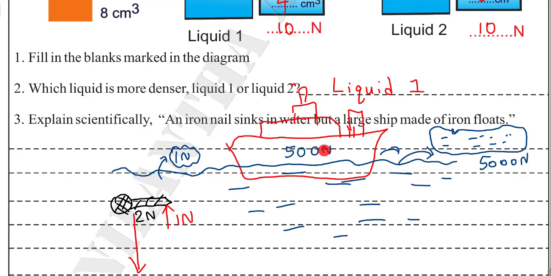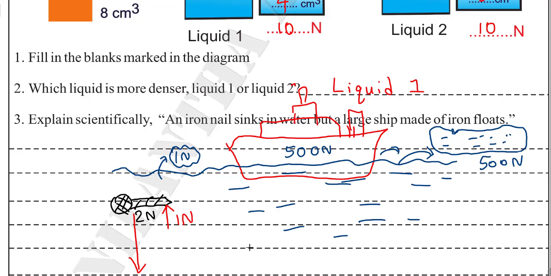Weight is 500 Newton. The weight of the displaced water, according to the design and the structure, is also 500 Newton. Sorry, that's 5,000. The 5,000 I just marked as 500. That is also 500 Newton.